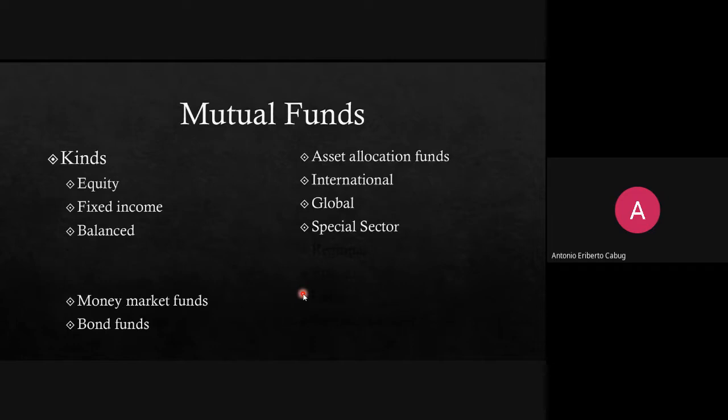Mining, lahat lang ng mining companies. Service, lahat lang ng service companies. Regional funds, geographic area. If you go to some funds, you would see there are Asia Pacific Fund, Euro Fund. So those are companies only in those areas. So kung Asia Pacific Fund, only in Asia Pacific. Kapag Europe, Europe lang.